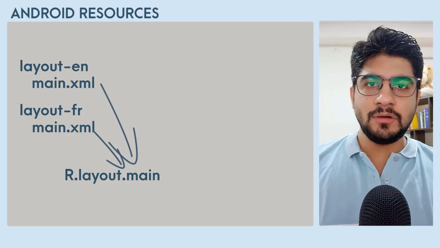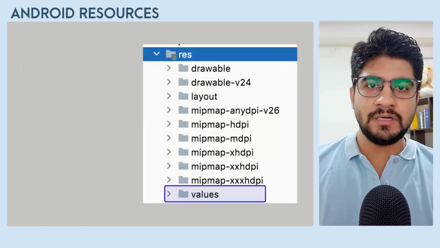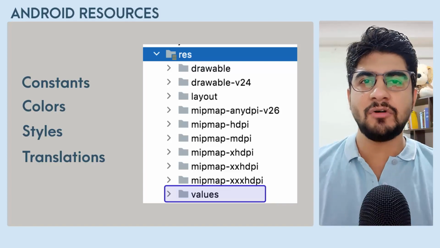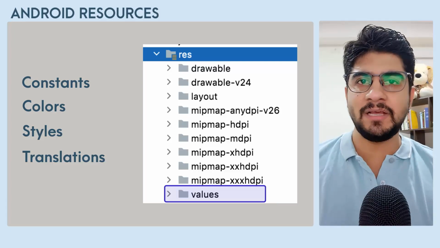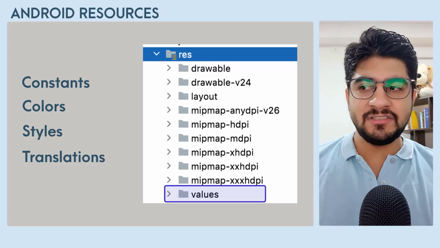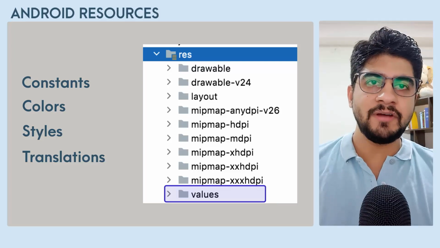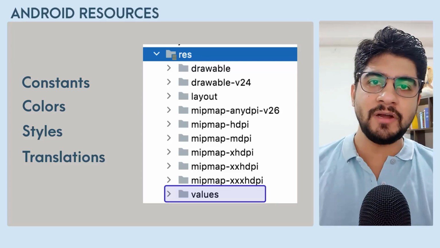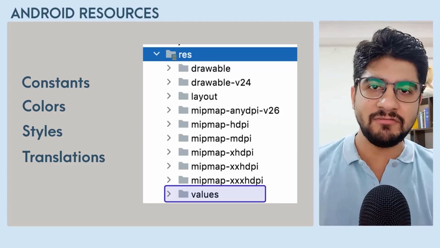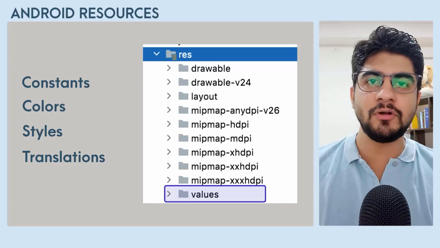Now next, let's move to the values folder. The values folder contains values like int, string, colors, all constants which you can define in your application. And if you have multiple languages supported, then you can define values also in different strings, different translations. So you will have multiple string files defined in different values folders.